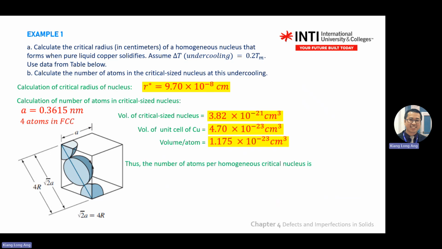So the number of atoms per nucleus, how to calculate? You have three values here.